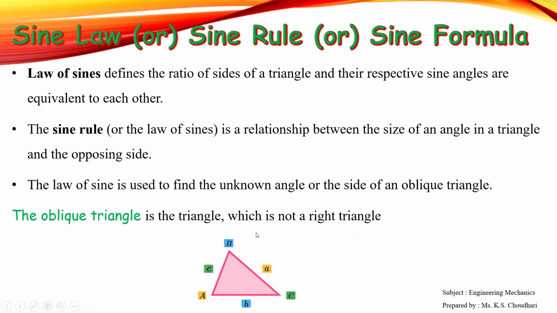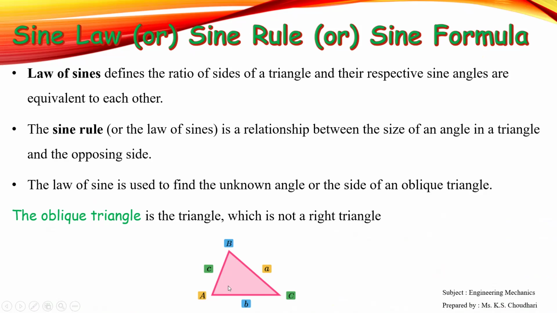Now, this statement is most important. Understand. The sine rule is the relationship between the size of an angle in a triangle and the opposite side. The size of an angle means what? Its magnitude, its amount or its value.